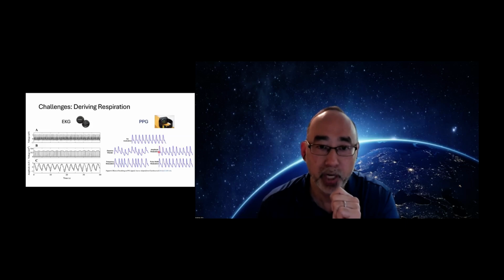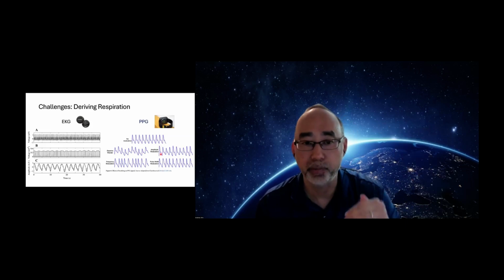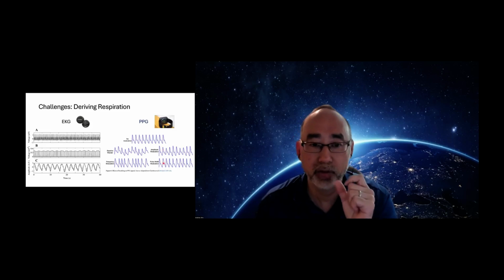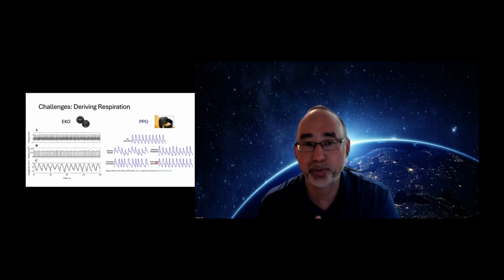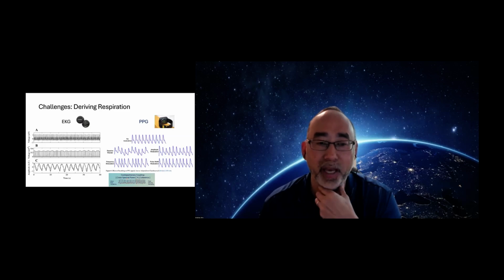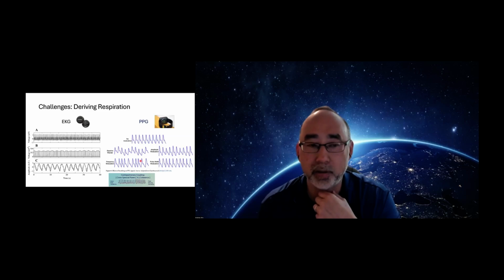There's the amplitude modulation, so the difference between the peak and the nadir, which also changes, and also the pulse width between the two. So there are a number of ways that you can extract respiration using PPG, but it's not something that necessarily has been studied broadly. I would guess that that's what's being used by Sleep Image, because this is the sort of figure that they have on the website, which kind of indicates that that's how they extract respiration.